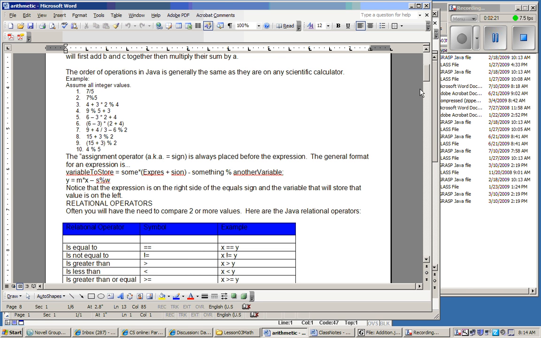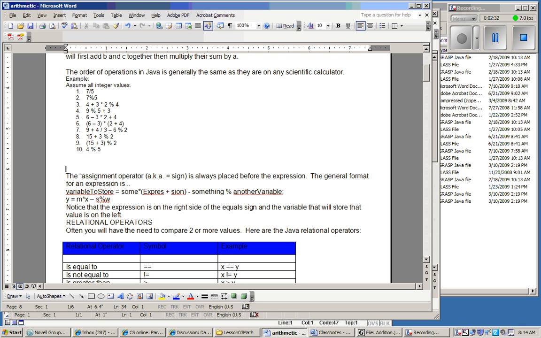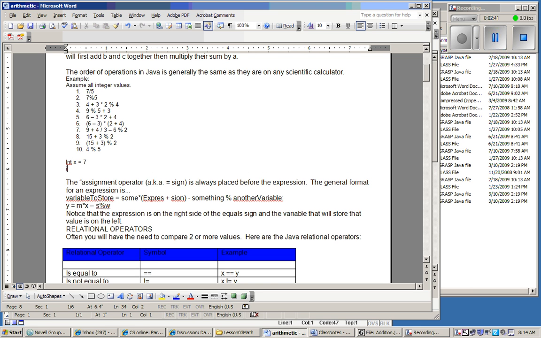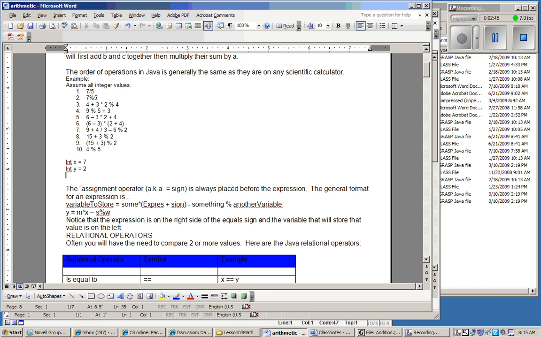Now there's a thing called typecasting, which means that you can put the name of the type in front. Here's an example. If I have 2 integers, and I'm going to let x be 7, and I'm going to have an int and let y be 2. And I have an int called answer or something like that.